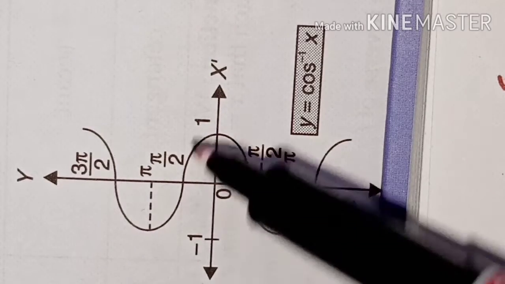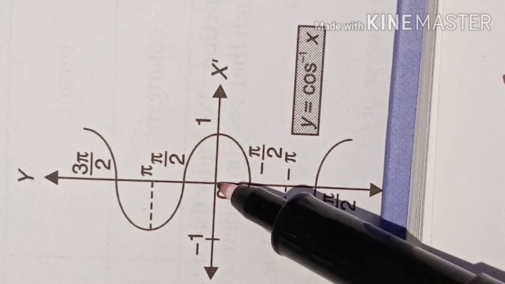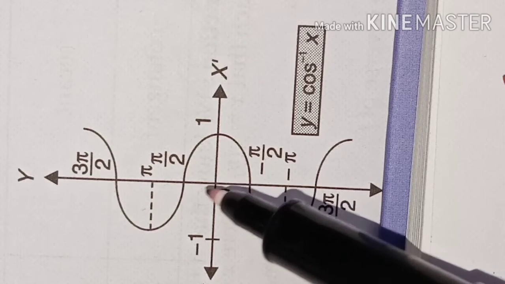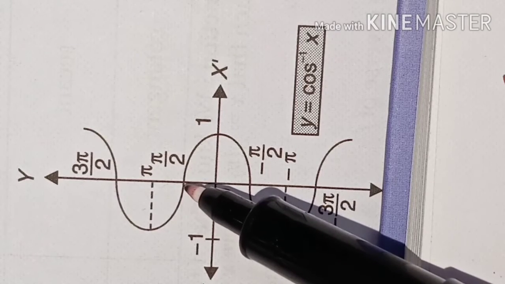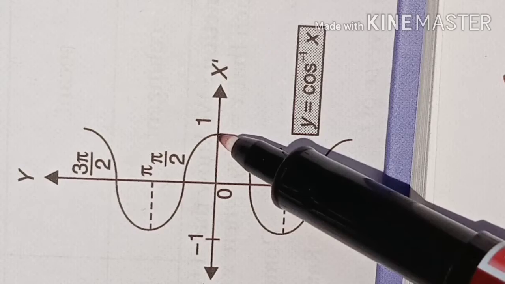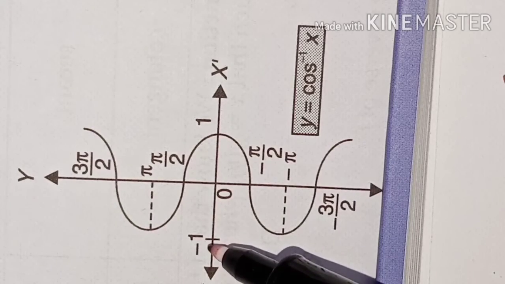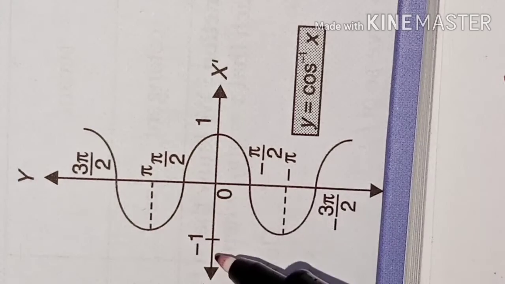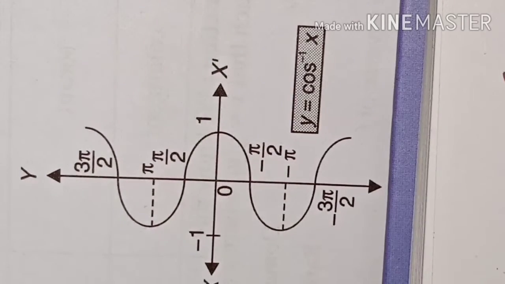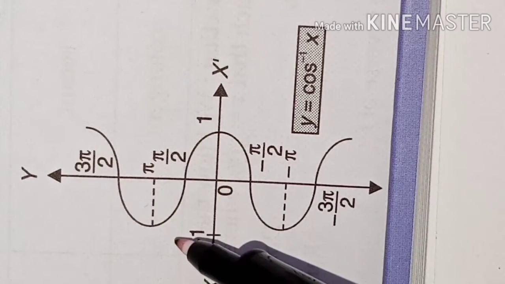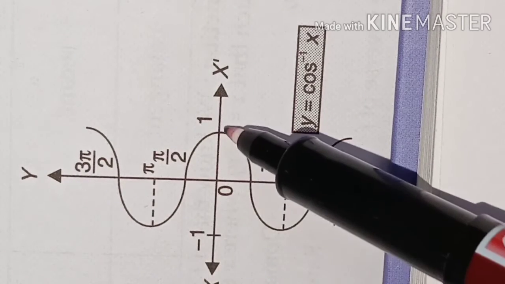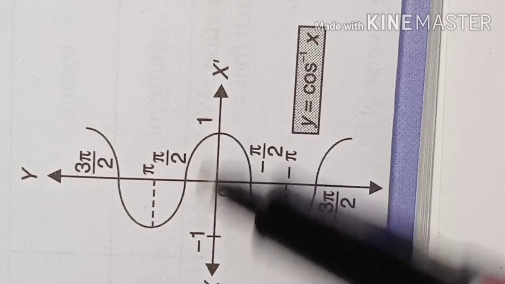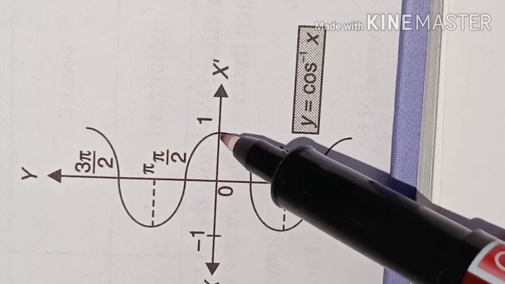Suppose it is 1, it will be equal to 0. Sorry, when it is -1 it will be pi, and when it is 0 it will be pi by 2.